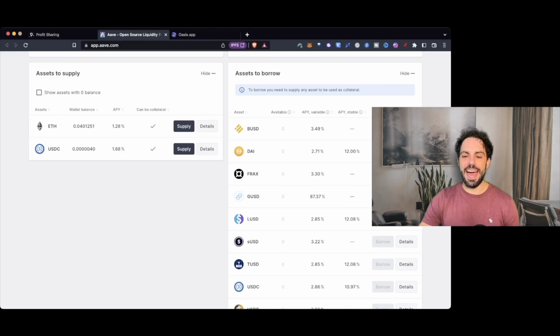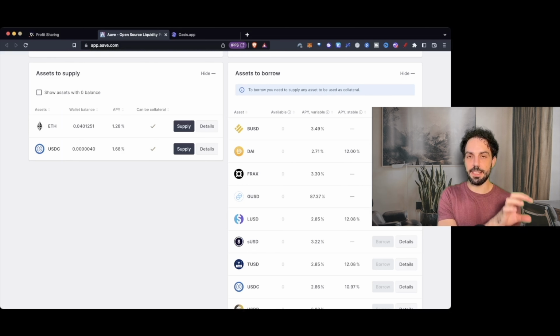If you're wondering how it's possible that people are borrowing, so what is the guarantee that they will give back the amount of money they are borrowing, it is quite simple. In the moment when you supply an asset, you also have the opportunity to lock this asset and say, okay, use this amount of ETH that I have just supplied into the protocol as collateral.